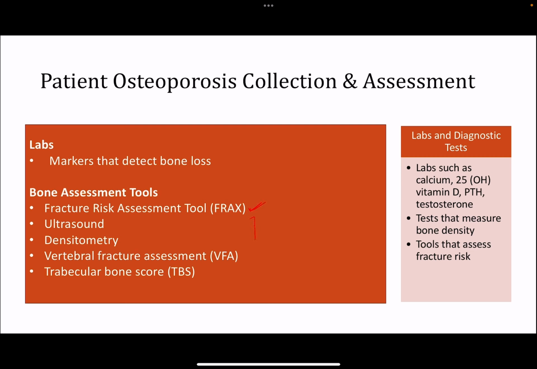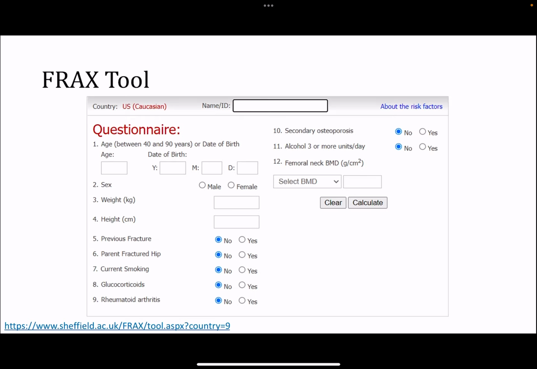And we also have tools that can give us more detail on the density of the bone, or we can visually assess what's going on with the bone. The FRAX tool should be something that you are familiar with from one of your activities with the interprofessional team, but I included it here just as a reminder.